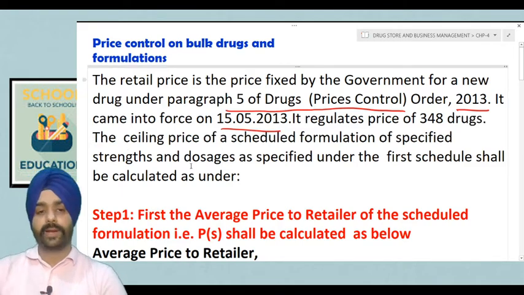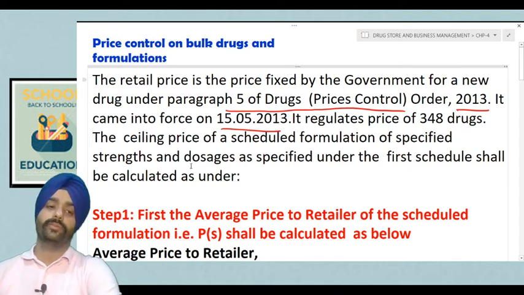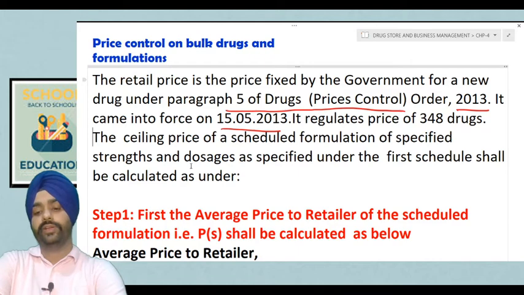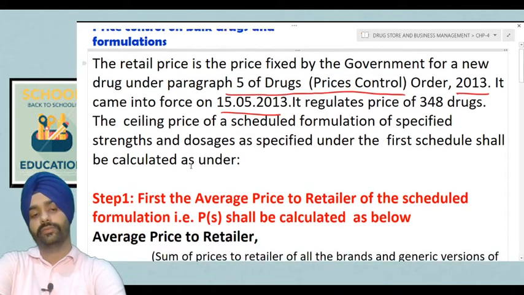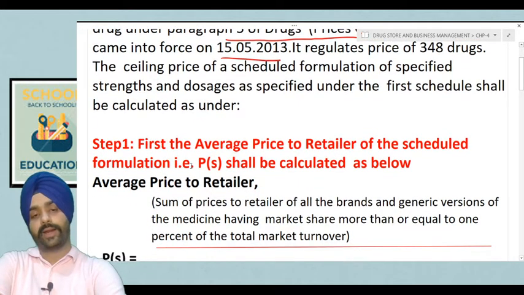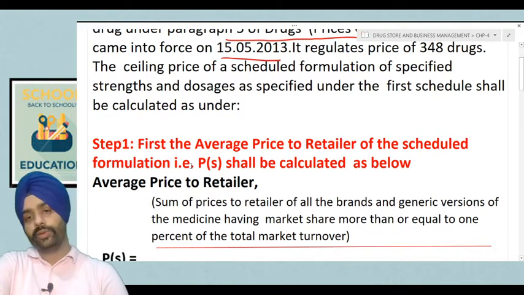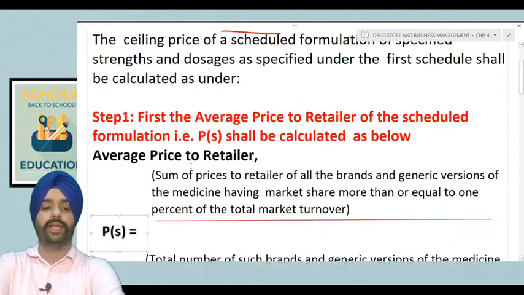The ceiling price of scheduled formulations of specified strength and dosage is specified under the first schedule, which is calculated as follows. First, the average price to retailer of the scheduled formulation shall be calculated.